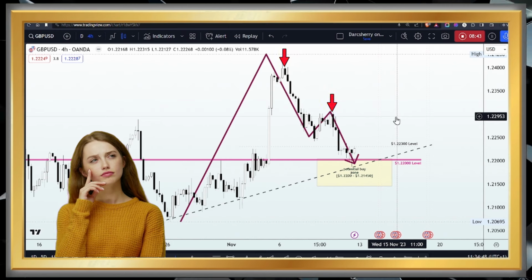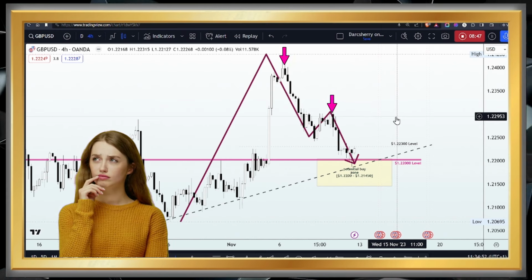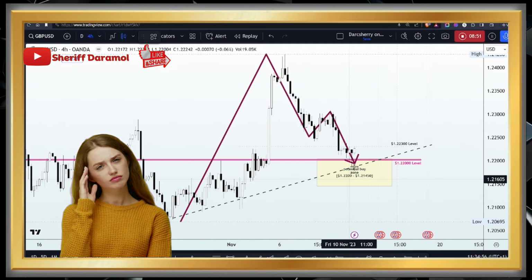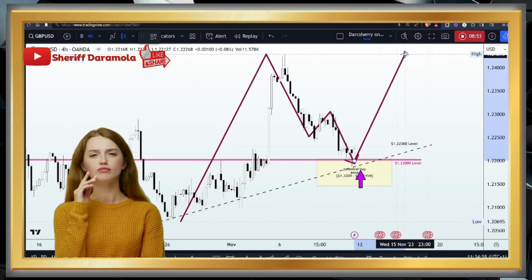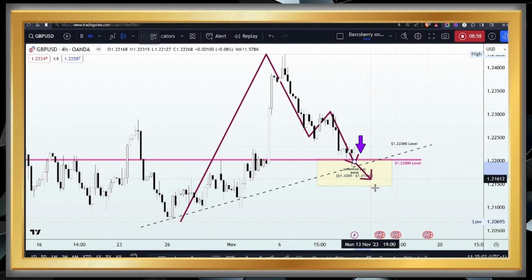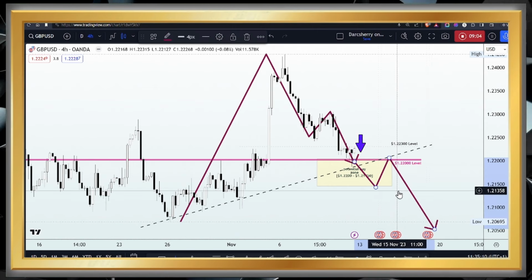Now, the question going into the new week is, will this turn out to be a retracement phase where we shall be anticipating another wave of bullish momentum, or will it turn out to be a sell off where price will be breaking down the key level and the ascending trend line to incite a sell off?